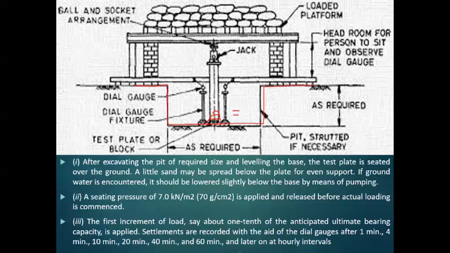As you can see here, there are many sandbags stacked one over the other on the platform provided here. By means of the jack we get the load, and you can measure the loading intensity with the help of the jack. Furthermore, a number of dial gauges are mounted here.